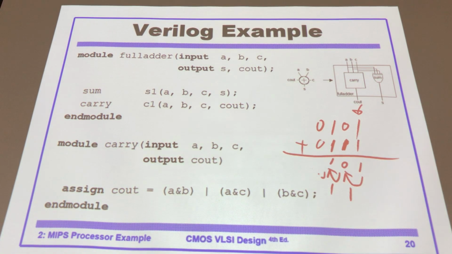And then 1, carry out is 1. So for each bit position, there are 3 inputs. This bit, and carry in. Okay? The bit you generate from the bit position on your right hand side. A and B, 0 and 1. A, B, and this carry in. This 1 and this is C. And you're getting 2 outputs. One is the sum, which is 0 here. Sum. Carry out, one here.